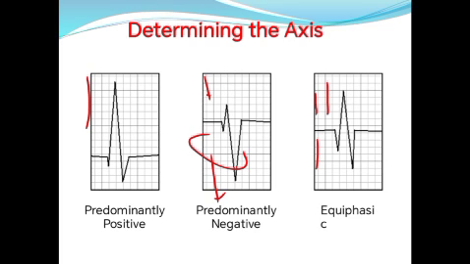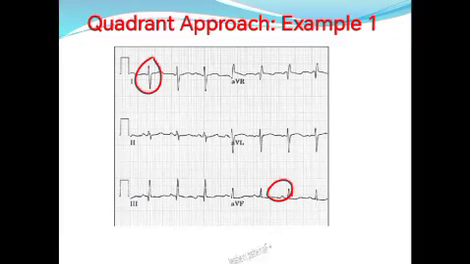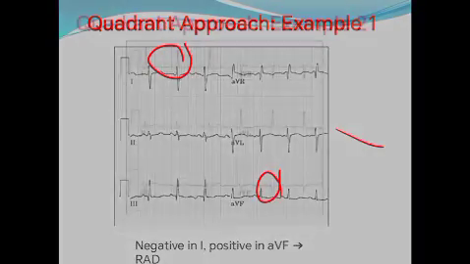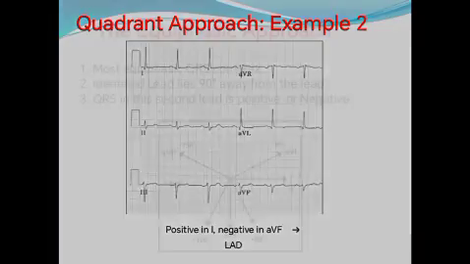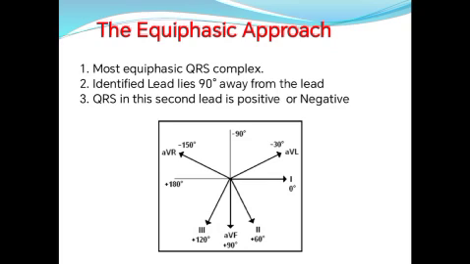The R wave equals the S wave. You can use this to determine the axis. So we can choose the most equiphasic QRS complex. You can look at the 12-lead ECG and see which one is equiphasic.